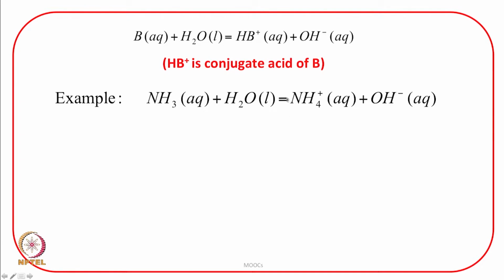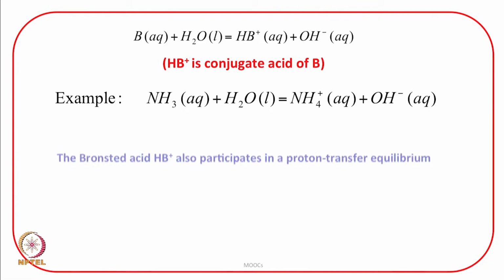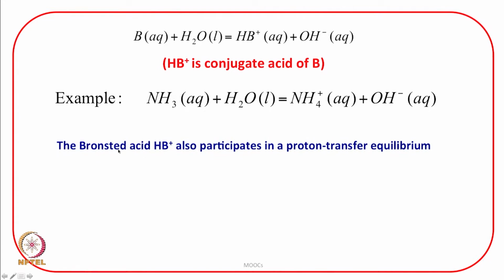Now, since this NH4 plus itself is an acid, the Bronsted acid HB plus, NH4 plus is a type of an acid HB plus, and HB plus itself can participate in a proton transfer equilibrium, because as we discussed earlier, HB plus or any molecule which can donate a proton to another molecule will act as an acid.